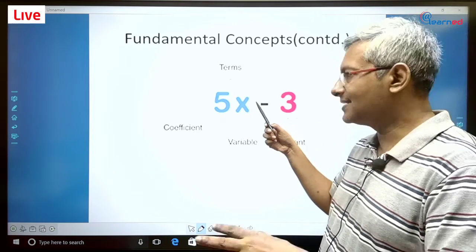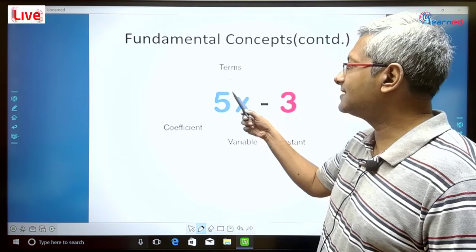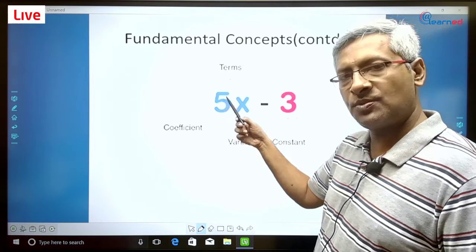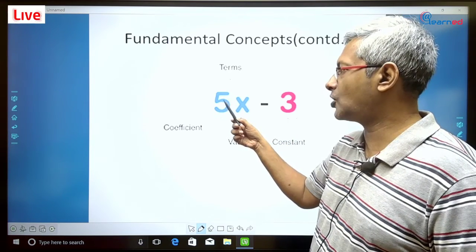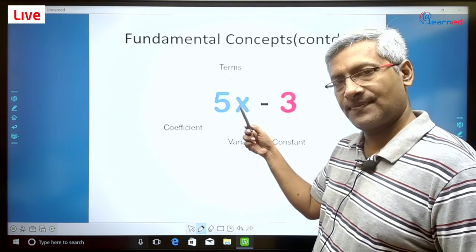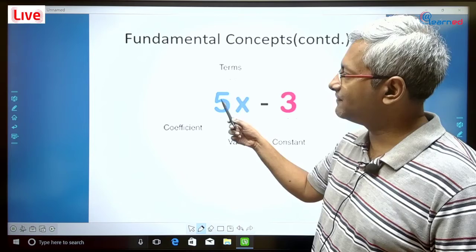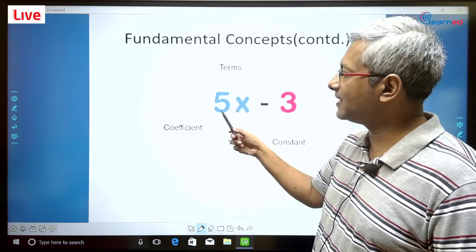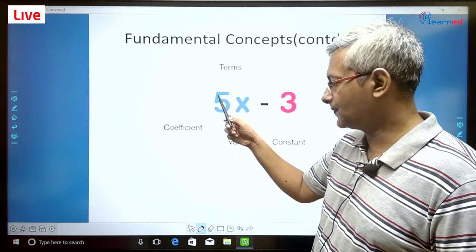As we have seen, x is the variable, and this number 5, this numerical constant, is actually the coefficient of x. So we are multiplying x by 5. So the coefficient of x is 5 right now.